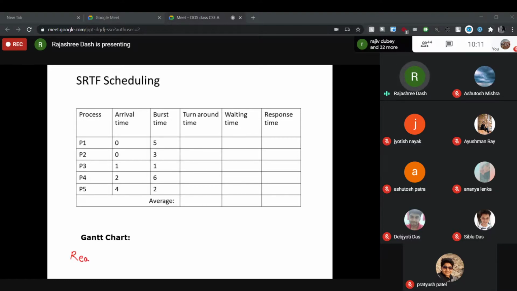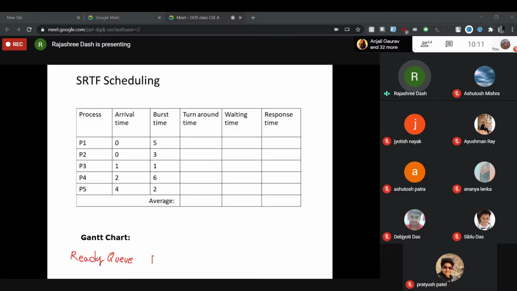For better understanding, you represent the ready queue. The ready queue stores the processes which are ready for execution and to be allocated to the CPU.